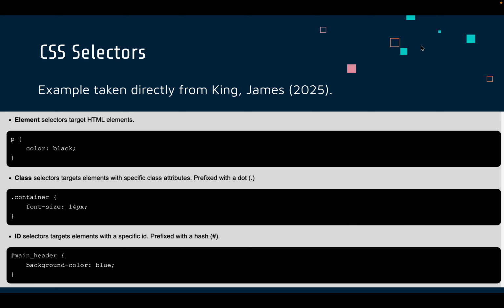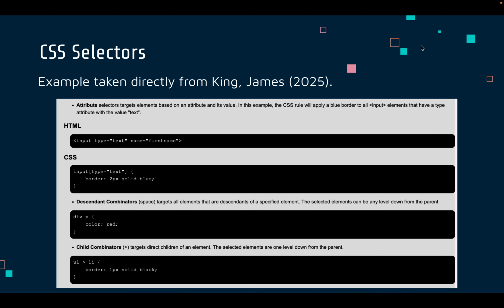You do that by prefixing it with a dot, and that's anything within that container, and it can be multiple elements with those specific class attributes. An ID selector targets specific elements with a specific ID. So not just all header or all paragraph or all header one, but the main header. You can go quite granular like that.